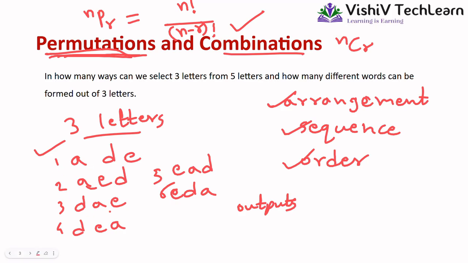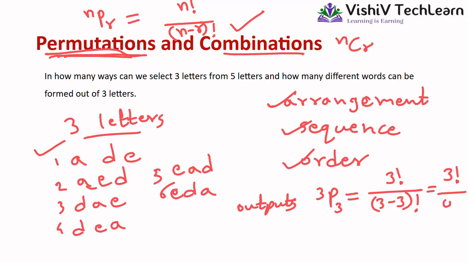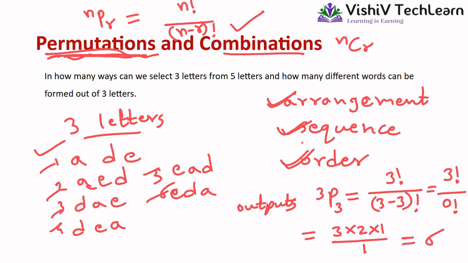So it will be 3P3, and this will be given by 3 factorial upon (3 minus 3) factorial. So this equals 3 factorial upon 0 factorial, since 3 minus 3 is 0. 0 factorial is 1. 3 factorial is 3 into 2 into 1, and 0 factorial is 1. So this gives 6, and here we have 6 arrangements, 1, 2, 3, 4, 5, 6.